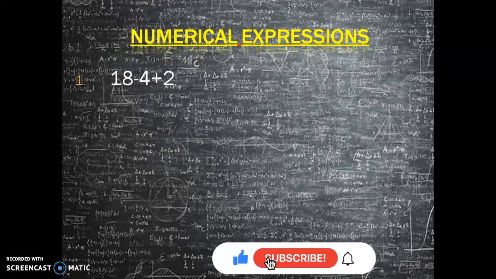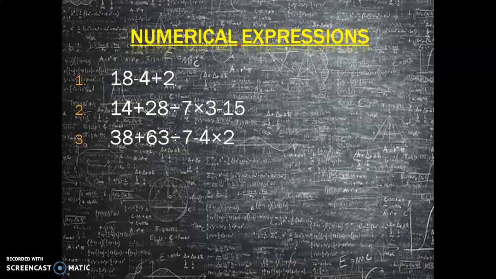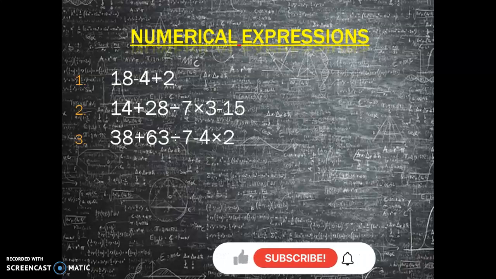18 minus 4 plus 2. 14 plus 28 divided by 7 into 3 minus 15. 38 plus 63 divided by 7 minus 4 into 2. Is there any difference between the previous examples and these examples?